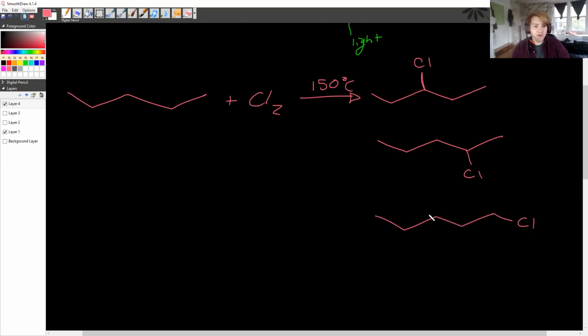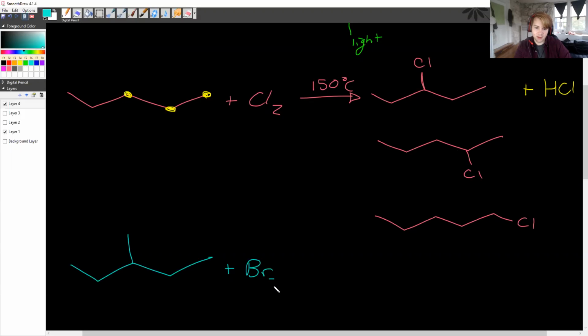So we can get it in 3 different places, because we can have it at this carbon or that carbon. And then what's left over is the HCl. Okay, so 3 possibilities.